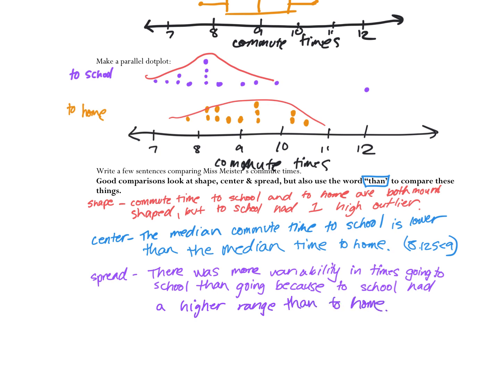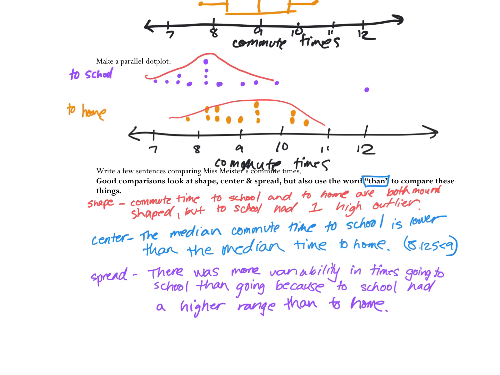If you wanted to say they had similar amounts of variability, that would be because the IQRs are identical, because they both have an IQR of about 1.5 minutes, that would also be fine. But really, that's all we have to do.